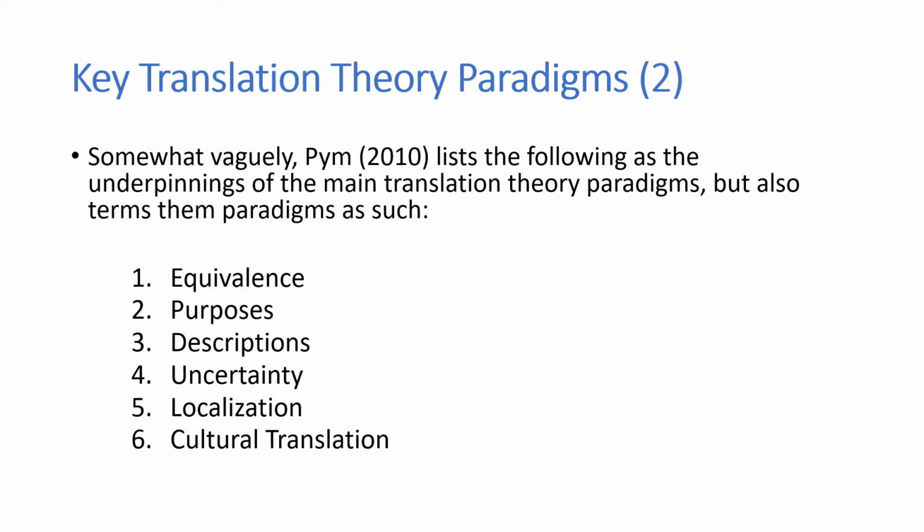But the scholars who follow descriptive paradigms mainly aim at describing texts which function as translations in the target cultures. And they want to answer really interesting questions as to why this text was chosen for translation and not another, why this translation looks the way it looks, why this translation was accepted in a certain way or rejected in a certain way, etc.